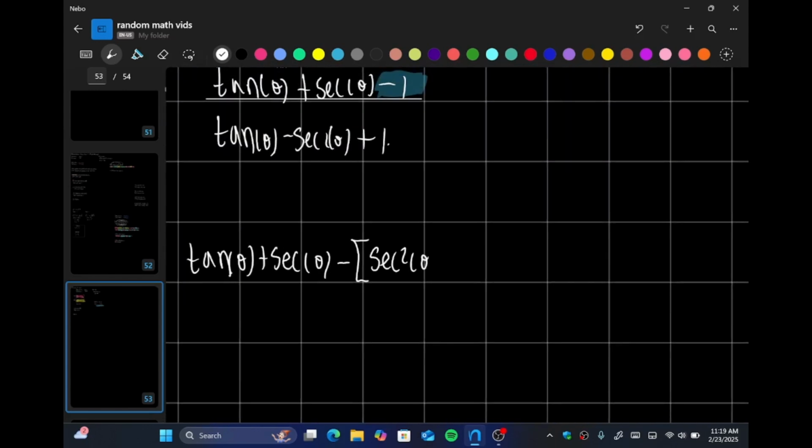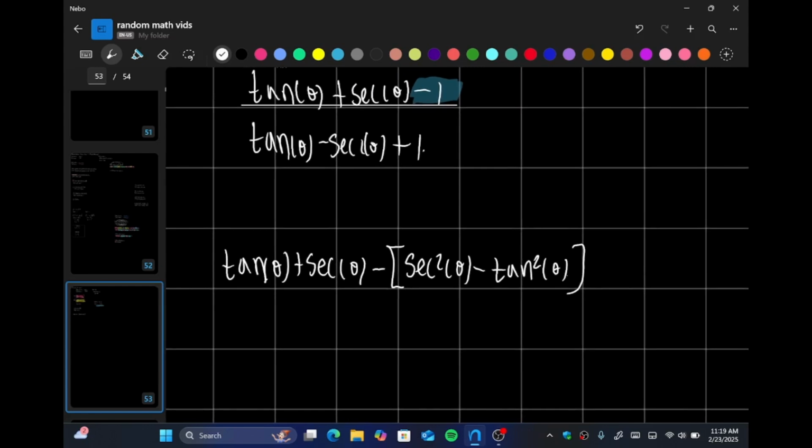So again, and then on the bottom, let me see here, by the way, on the bottom, guys, I'm gonna manipulate the bottom now because it is the same thing, but I'm gonna manipulate it.